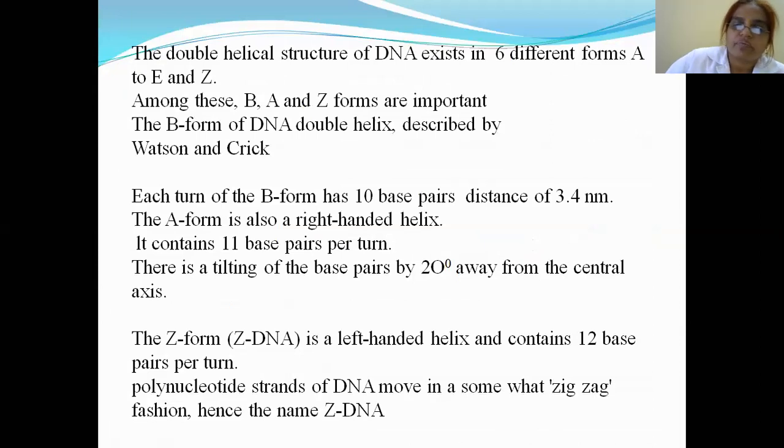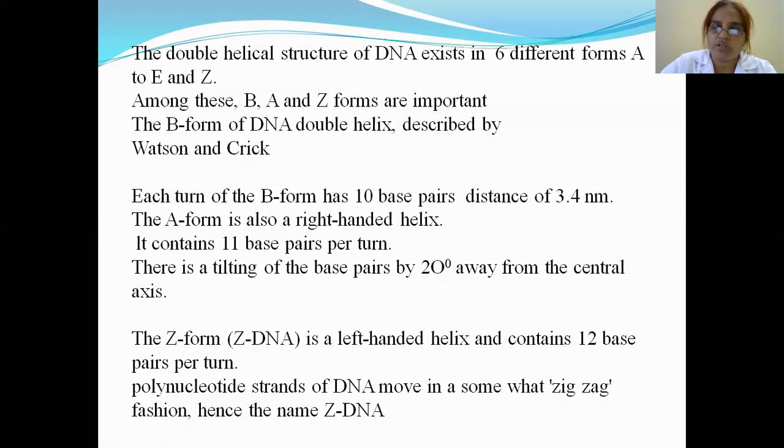Not only is the double helix structure present; the double helix structure of DNA exists in 6 different forms, that is A to E and Z: A, B, C, D, E and Z. So how many? 6 forms. Among these, the B, A and Z forms are important.